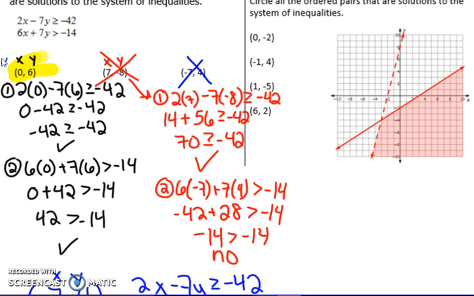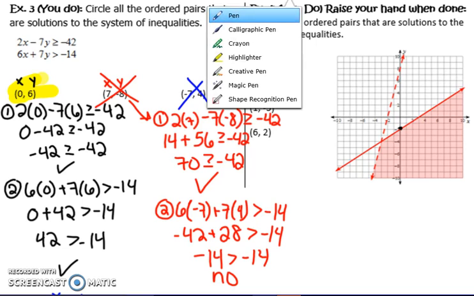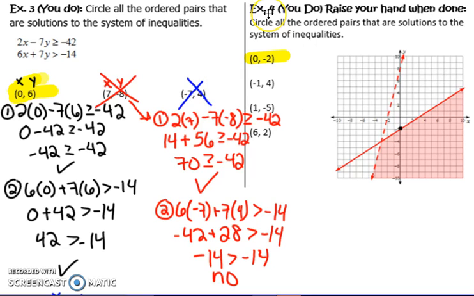Now, if we look at example 4, we want to know all the ordered pairs that are solutions to the inequalities. Well, 0, negative 2 falls on my solid line, so that works. Negative 1, positive 4. Well, it's a point on my dashed line, and it's not in the shaded area, so no, it does not. 1, negative 5.